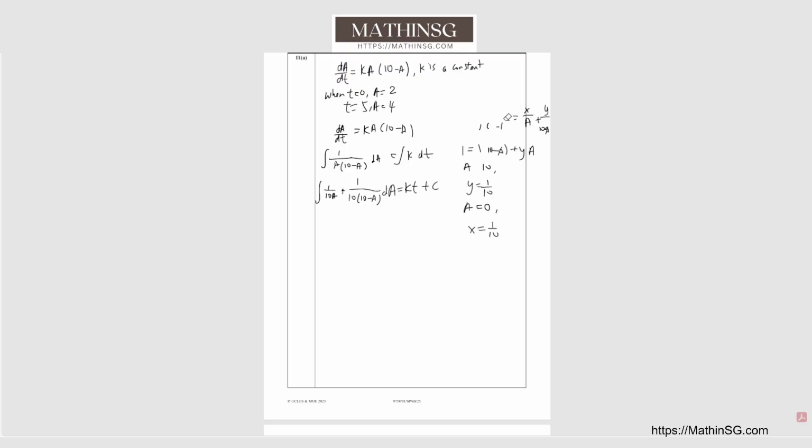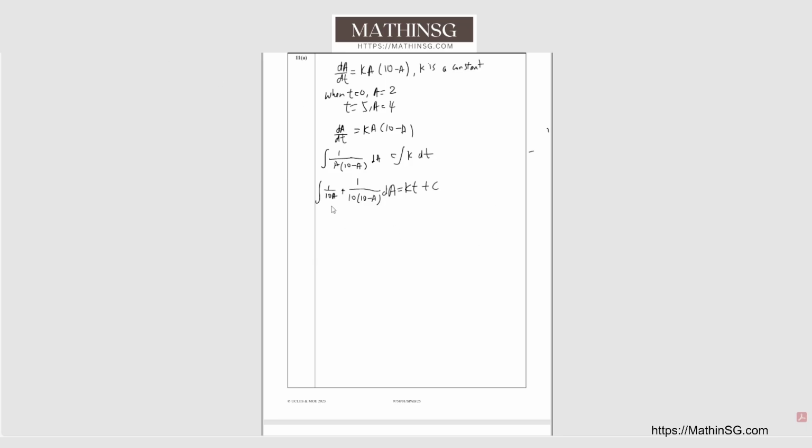So now let's do the integration. I'll just take out 1 over 10 and write it as 1 over a plus 1 over 10 minus a. Integrating 1 over a, I get ln a. Integrating 1 over 10 minus a, I get negative ln(10 minus a).